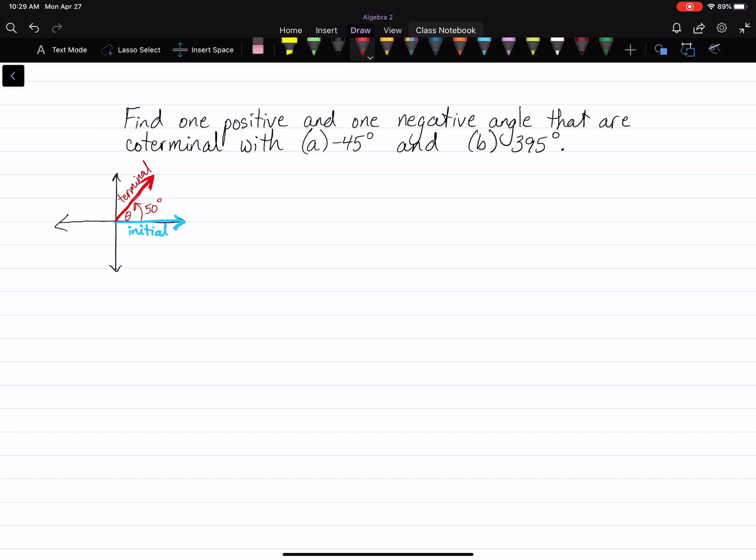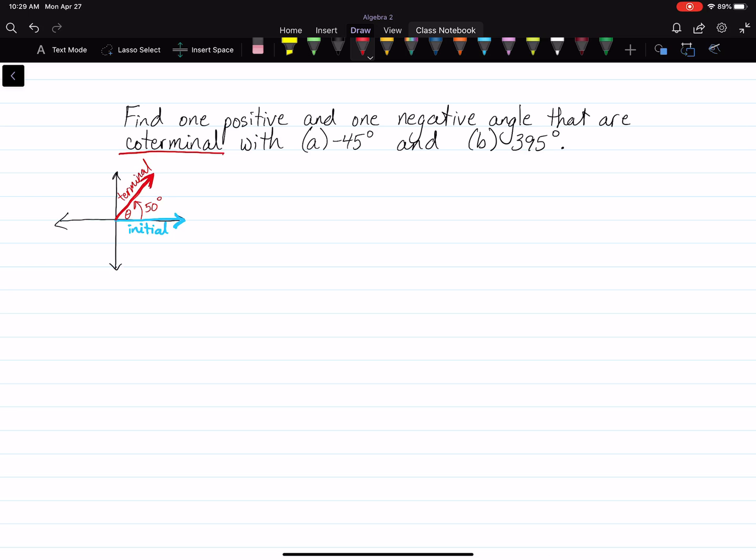So the term coterminal angle, okay, means what's another angle that shares that same terminal side, okay? So basically, if you took this angle, any angle that has this side right here for its terminal side is coterminal with 50 degrees.